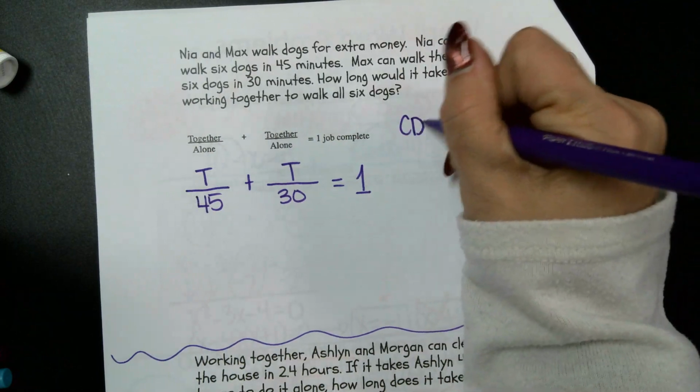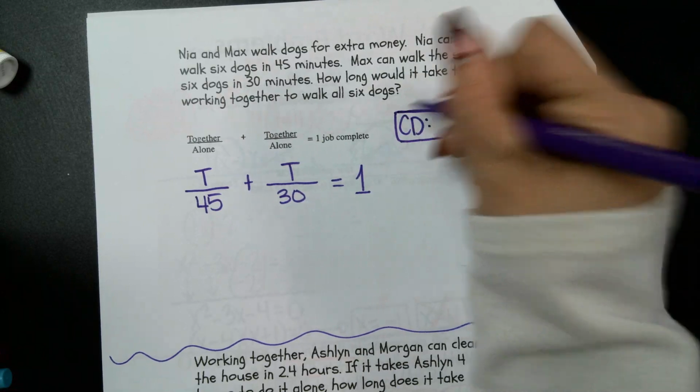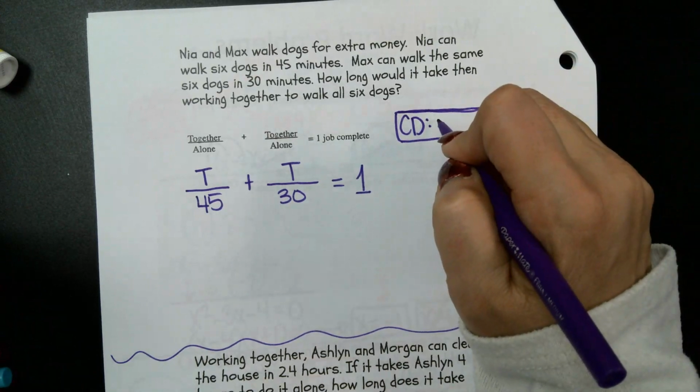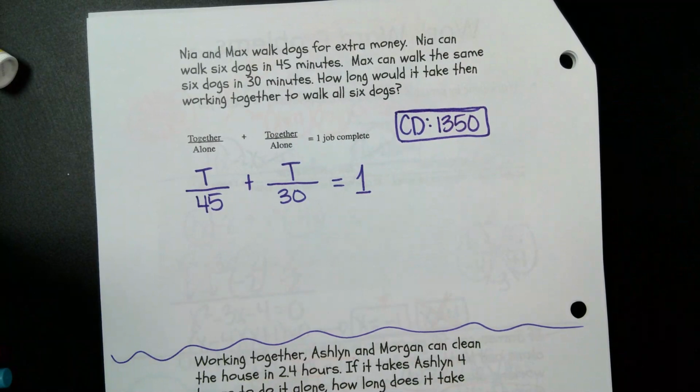Okay, so once you have it set up, if you wanted to right now, you could count by 45s, you could count by 30s, and you could find the first number they both go into. Or, just to save on some time, couldn't we just multiply the two of them together? It's a big number, but that's okay. We get to use calculators. What's the number? 1,350. No big deal.